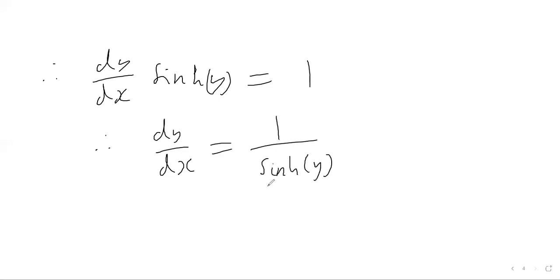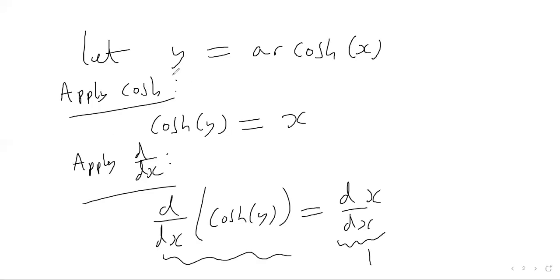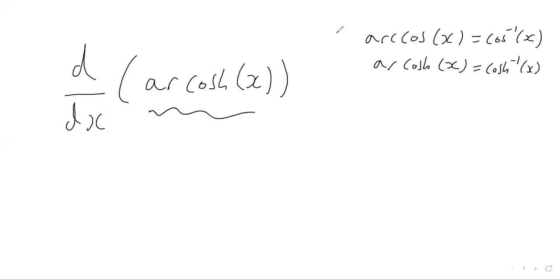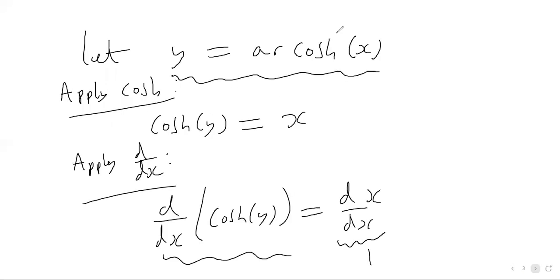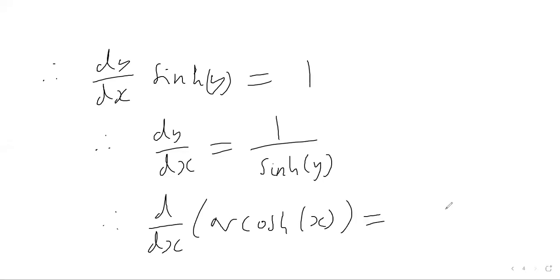Great. We know that y is literally equal to arcosh, and that's what we want to differentiate. So we know, therefore, that d by dx of arcosh of x equals 1 over sinh y.